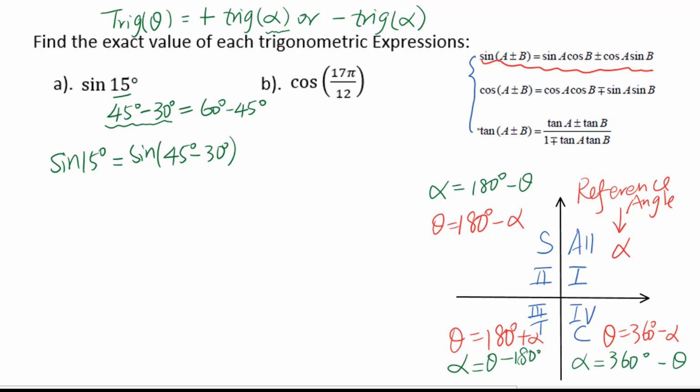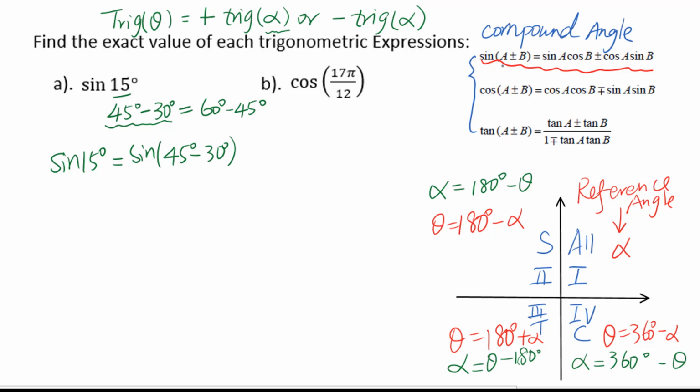These three identities are called the compound angle identities. We will use these three to figure out sine 15 degrees, cosine 15 degrees, and tangent 15 degrees.